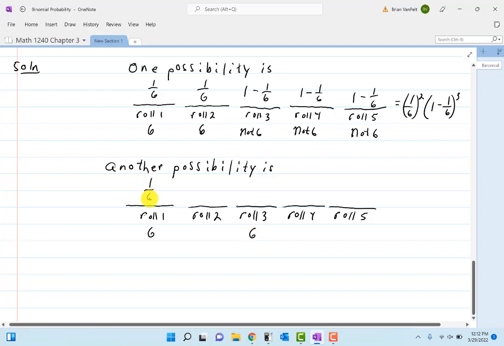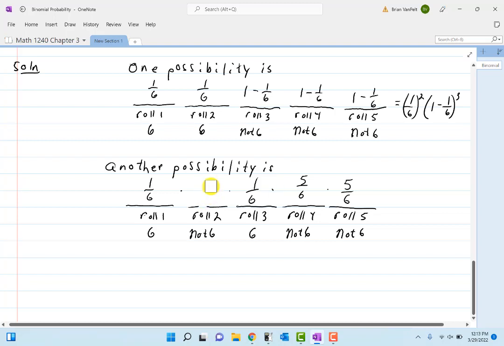A 6 on the first roll is 1/6. A not 6 then on the second roll, the probability of that is 5/6. Then of course the probability of a 6 is 1/6. And then we have a not 6, and then a not 6. Now notice we have the same thing as before. Those 5/6 are the same as 1 minus 1/6.